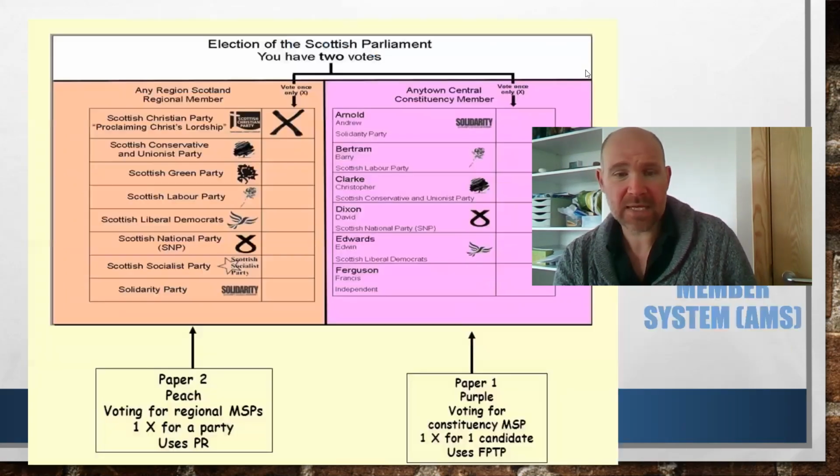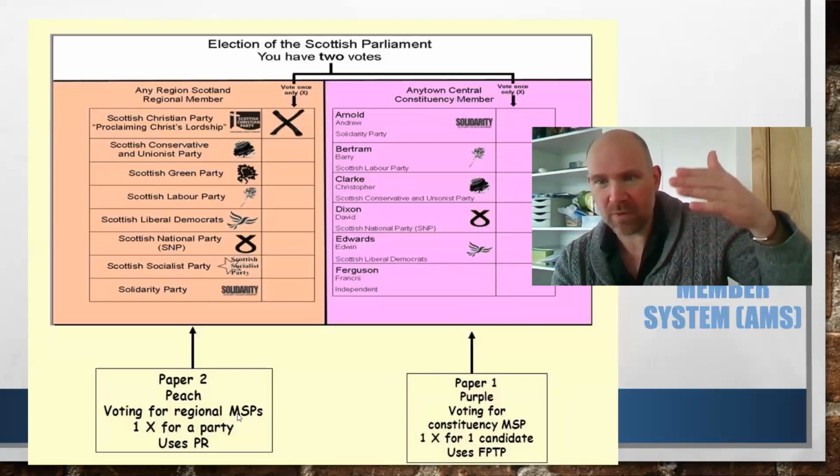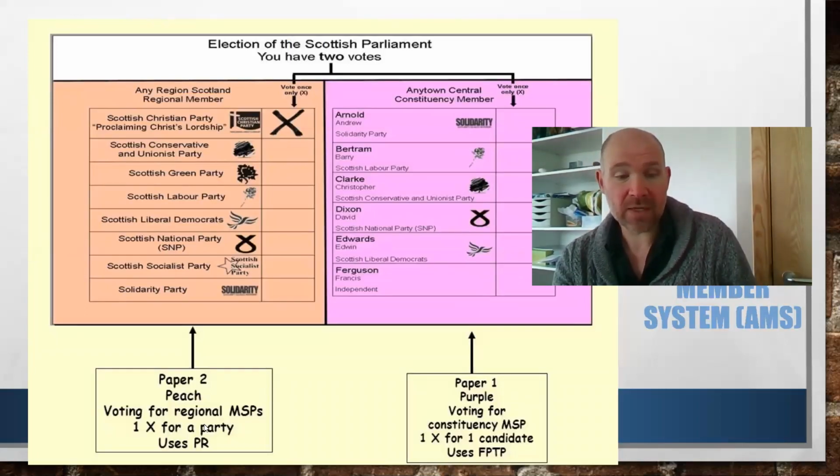So AMS is a hybrid system, and just to confirm here, in the Scottish Parliament you have 2 votes. You vote once for a regional MSP, which stands for a member of the Scottish Parliament, and that uses proportional representation or the party list system. And you also get to vote for a constituency MSP. You vote once, and that uses first past the post.